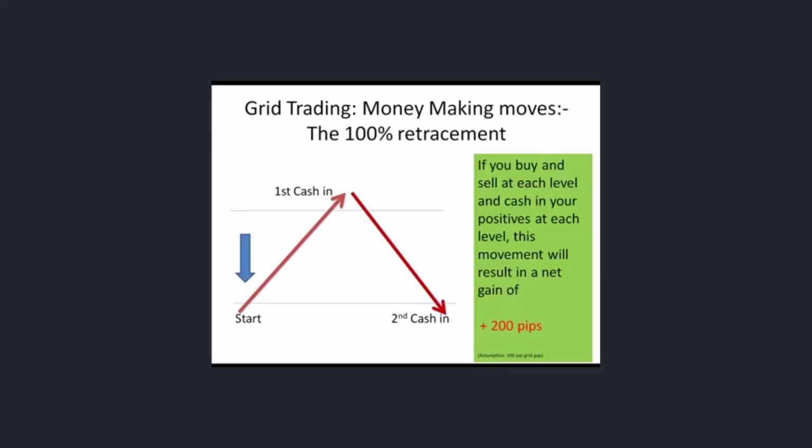The price will then move back to your start level and you will cash in on the sell going down. Your buy would be negative over there, but your sell that was previously negative will break even because the price has returned to that price level. So once that has happened, you will make a 200 pip profit.